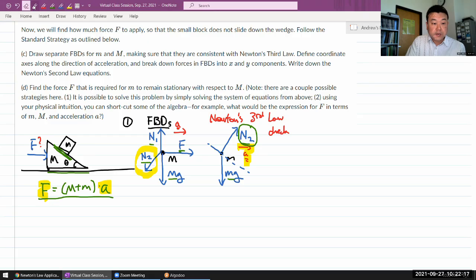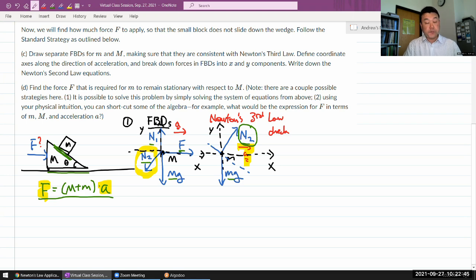Horizontal acceleration means that you want to choose horizontal as your x direction. So surprisingly, I think, to many people who might not have seen this question before, here you want to choose a straight axis so that your x-axis is along the direction of acceleration. And I guess for the ramp, it's not all that surprising that you'd also choose a straight axis.